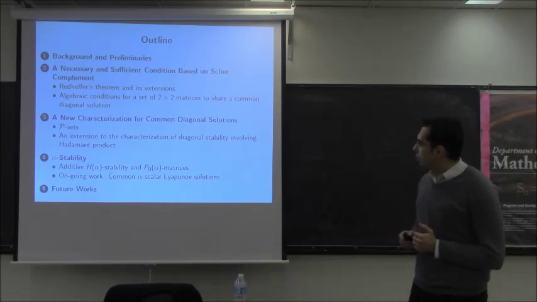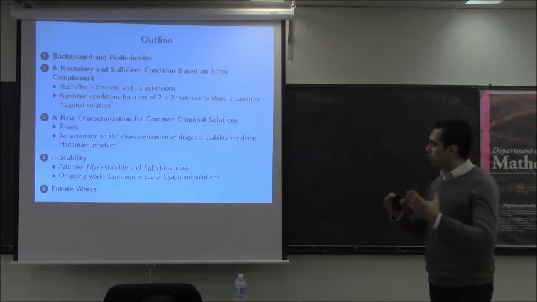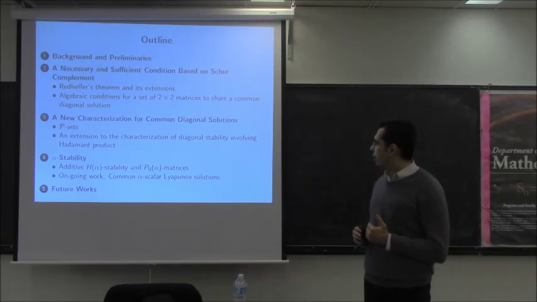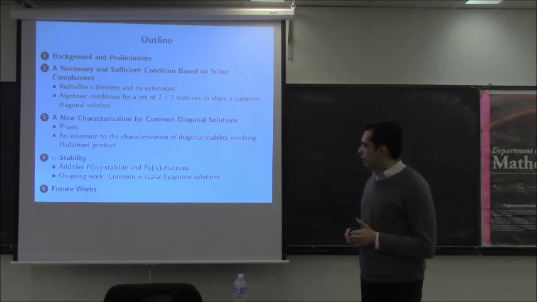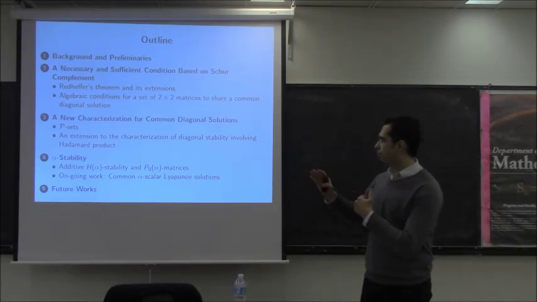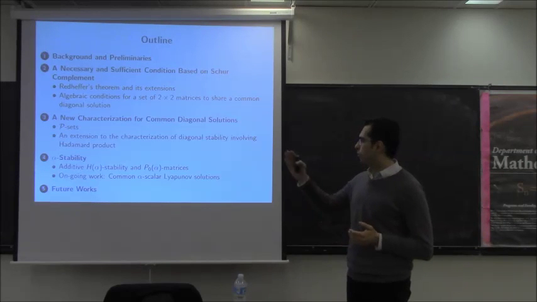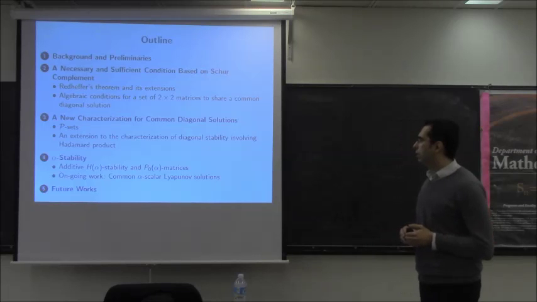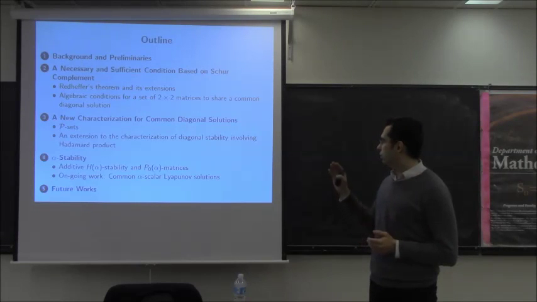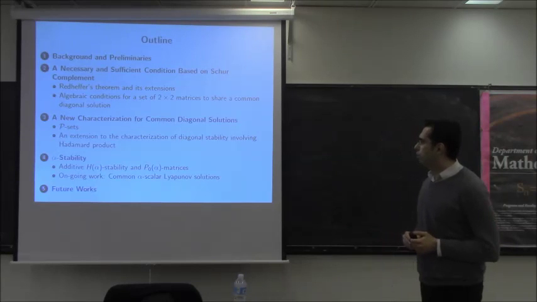And in the third part, I will talk on a new characterization we obtain for common diagonal solution, and to derive this characterization, we define a new notion, P sets, and also we use an extension of the diagonal stability of a matrix, which involves the Hadamard product.